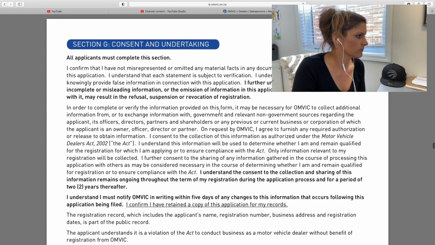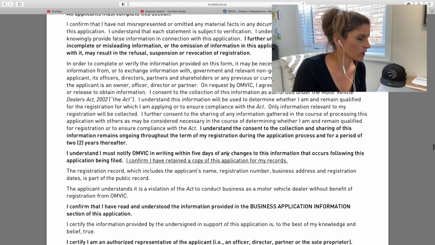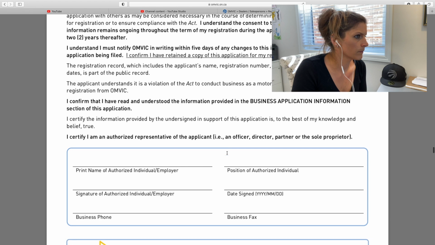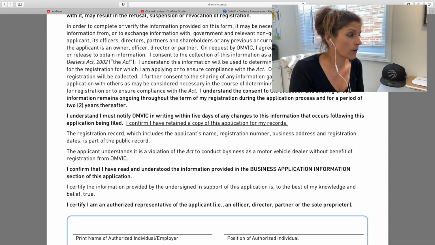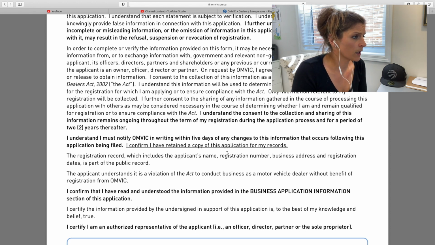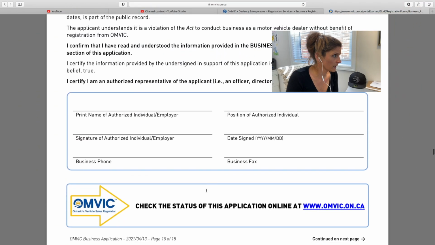So all the usual legal jargon that's required. And obviously if anything changes, you have to let OMVIC know about the changes. Yes, very good. And I guess that's it.